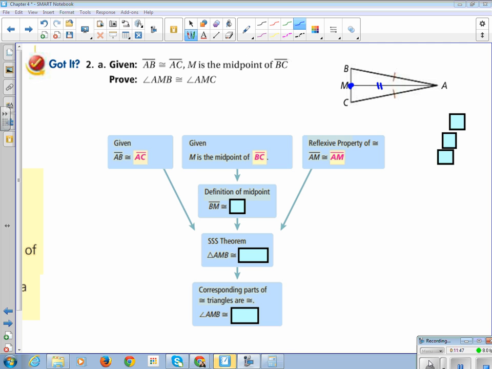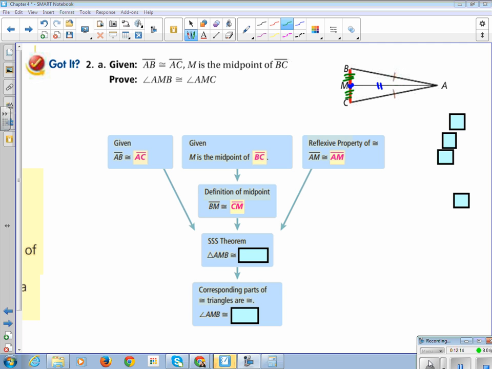So right now we have side and a side. Definition of midpoint says BM is congruent to CM. That's what a midpoint does. It cuts the shape into two congruent halves. So now we have that this is congruent to this.